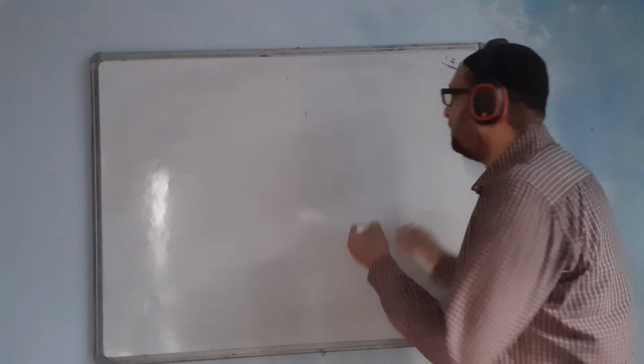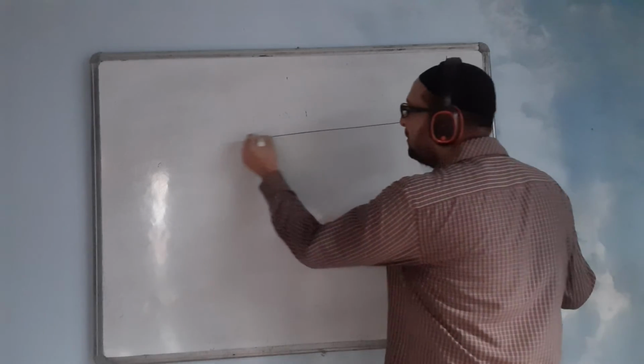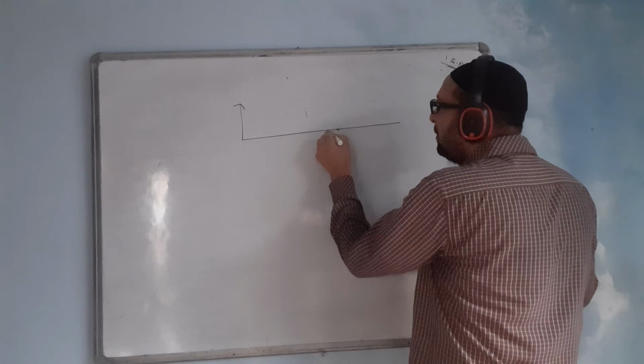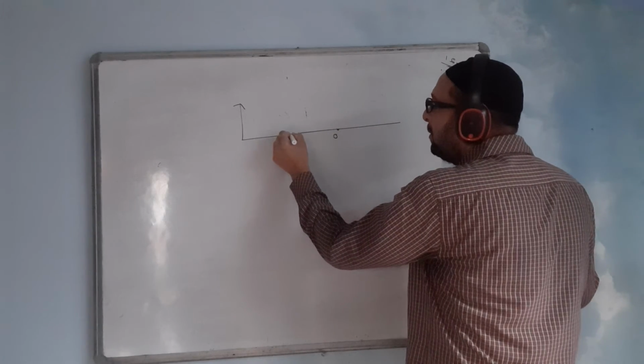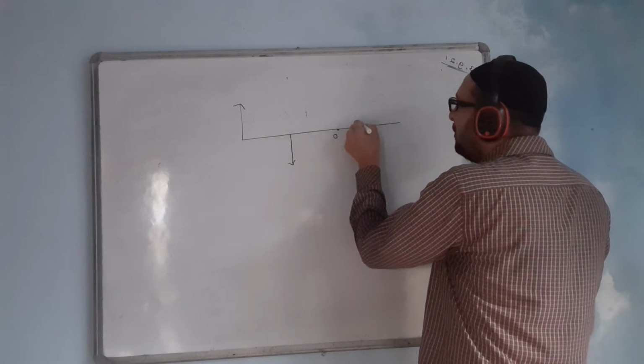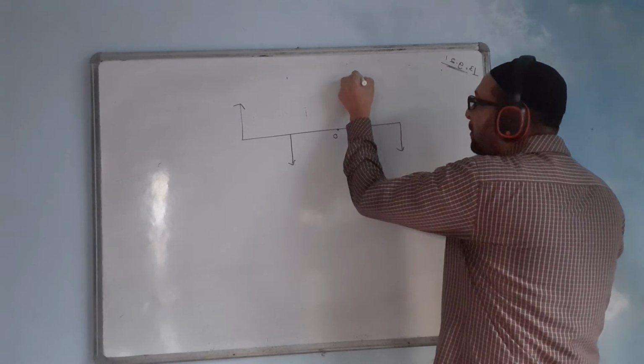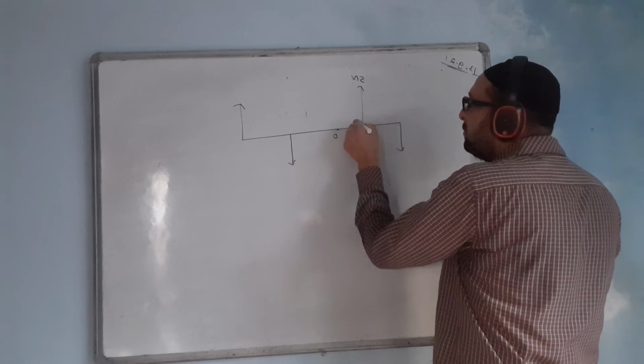So draw the diagram like this. Five Newton. This is 1 meter.